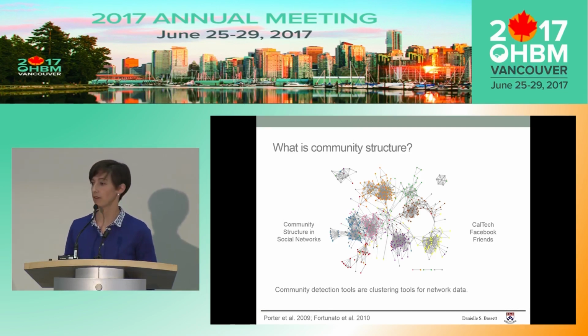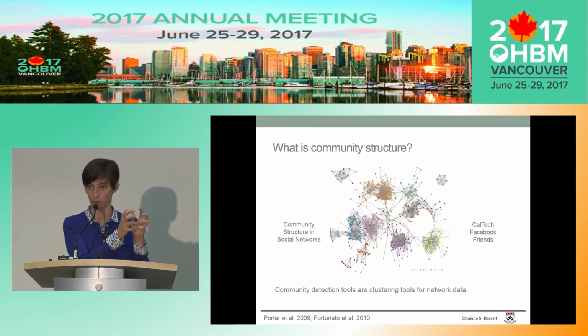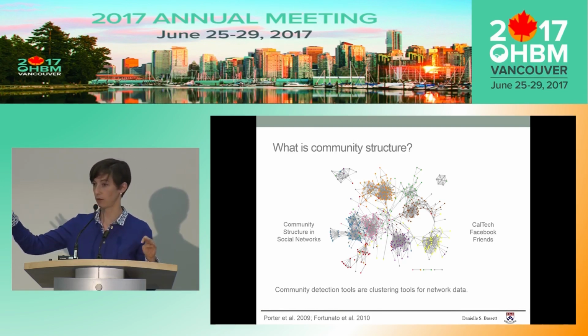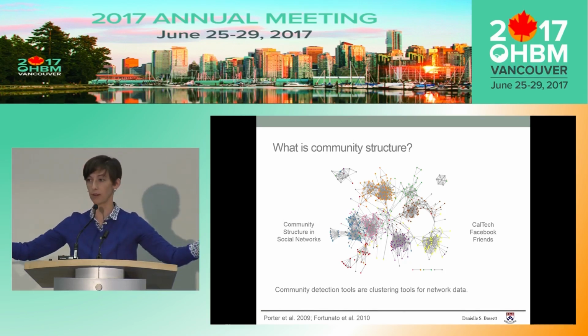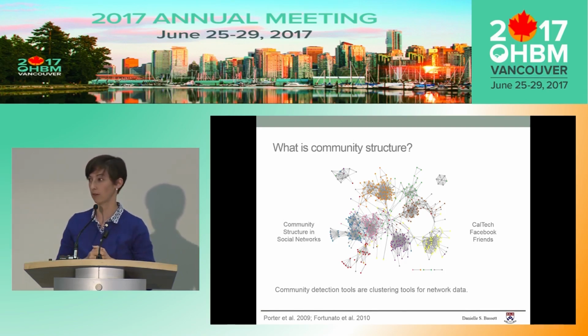What you can immediately see from this network is that there's really strong clustering structure, meaning that there are groups of individuals who are densely interconnected with one another, and then another set of individuals who are densely interconnected with one another, but there may be either complete white space between them or maybe a few very sparse connections between them. That clustering structure is what we refer to as community structure.